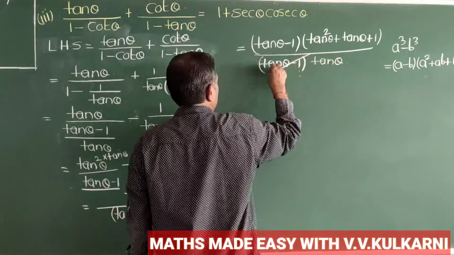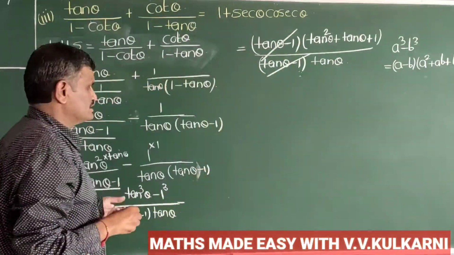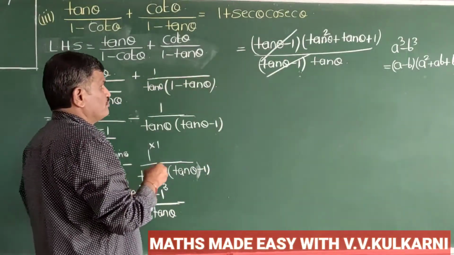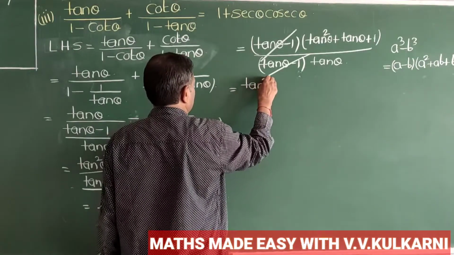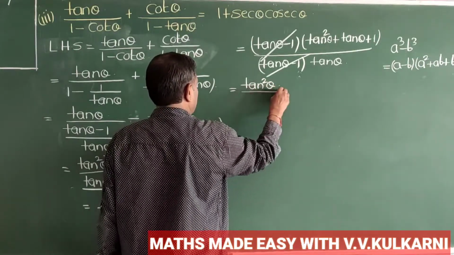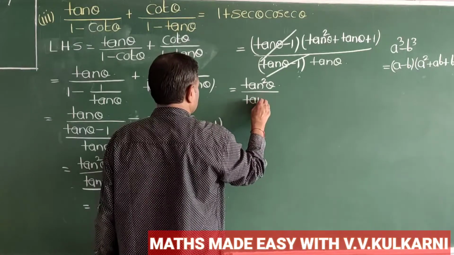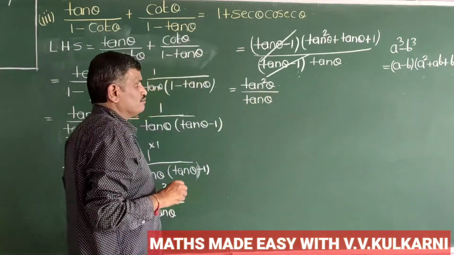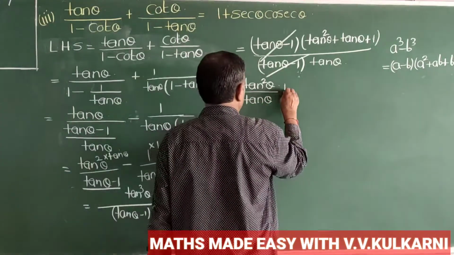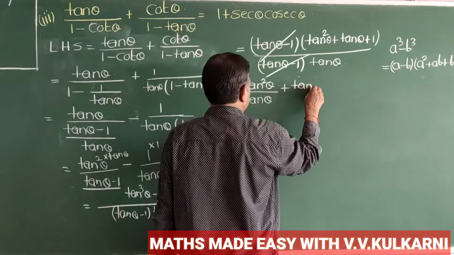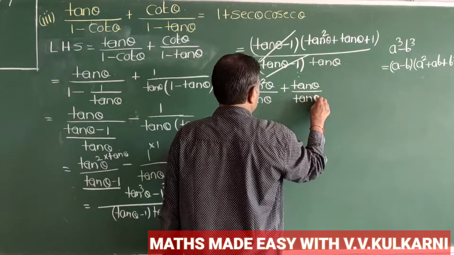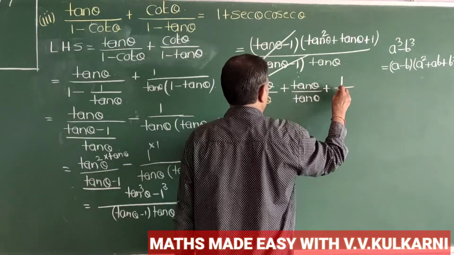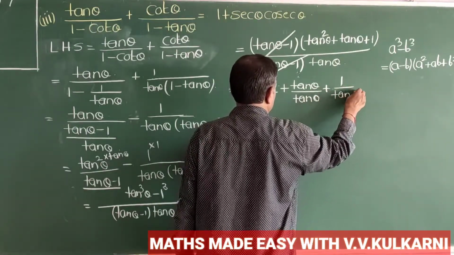So tan theta minus 1, tan theta minus 1 cancels here. So finally what we are getting here is tan squared theta by tan theta, again here tan theta by tan theta, and plus here I will write it as 1 by tan theta.